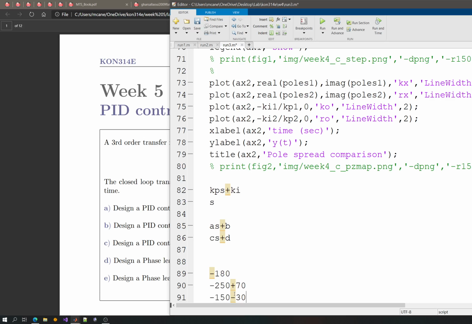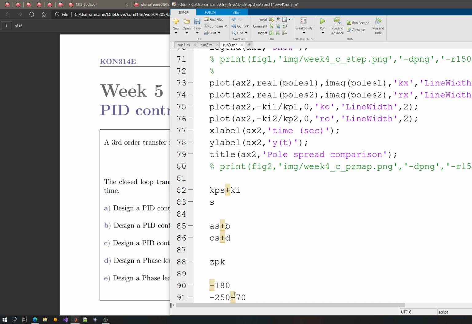So it's basically both a frequency domain and a root locus definition of the controller, and you can easily change the representation here. You can calculate using AS plus B divided by CS plus D and convert it into K times (S plus Z) divided by (S plus P). And if you don't know how to do it manually, you can use ZPK. That will give you exactly what we are looking for.